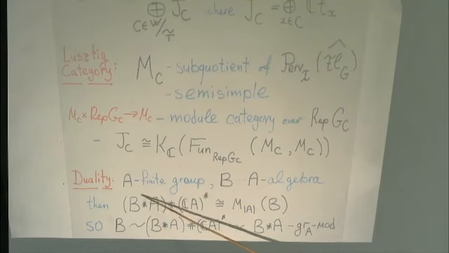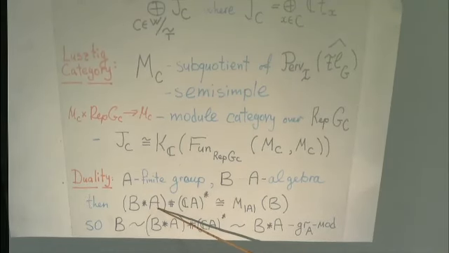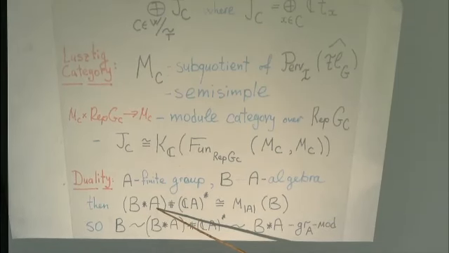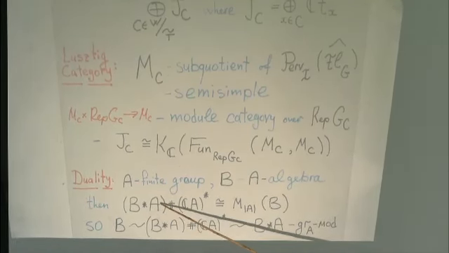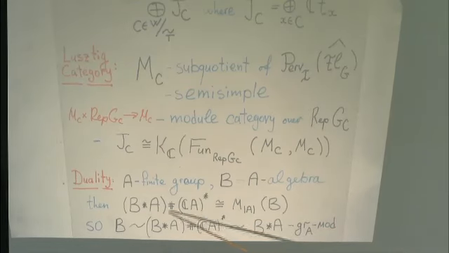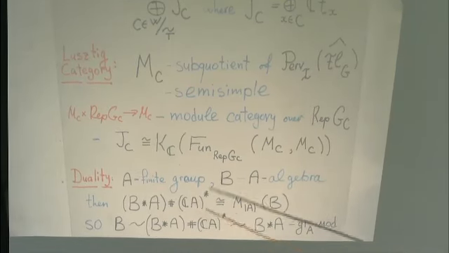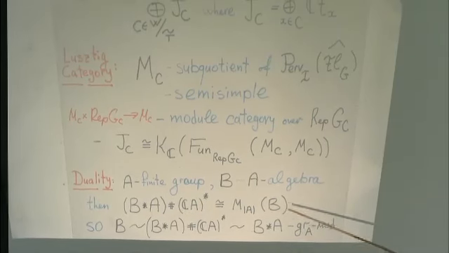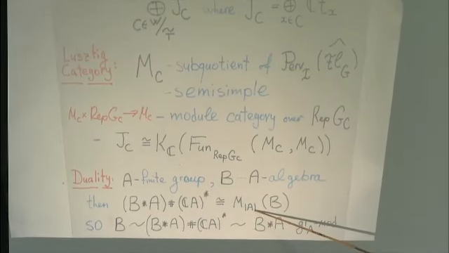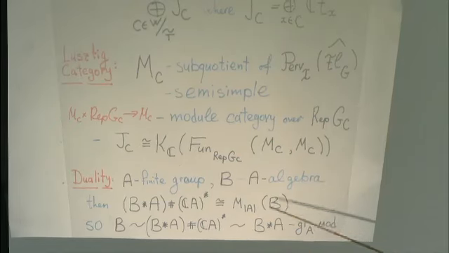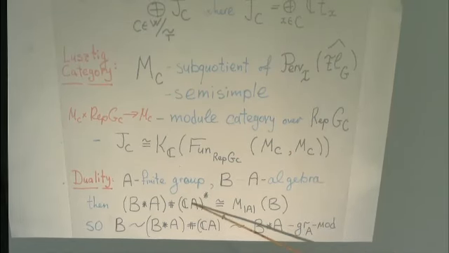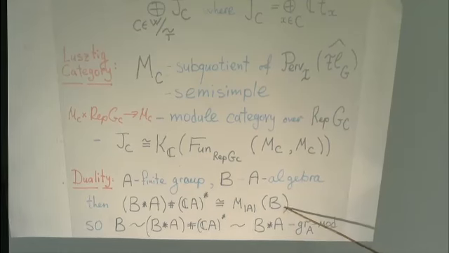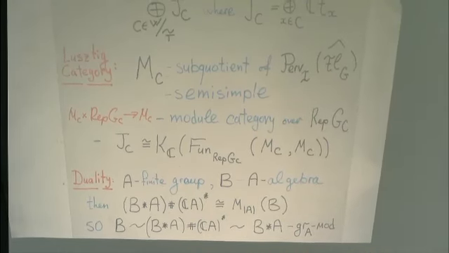This algebra B A is graded by A, so it's a graded algebra over this finite group A. So it has a coaction of the group algebra, or an action of the dual Hopf algebra of the group algebra. So you can take a smash product, and this smash product won't be B, but it will be matrices of size A by A over B. That's a nice way of recovering an object Morita equivalent to B from B star A.